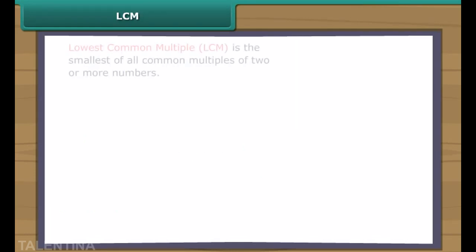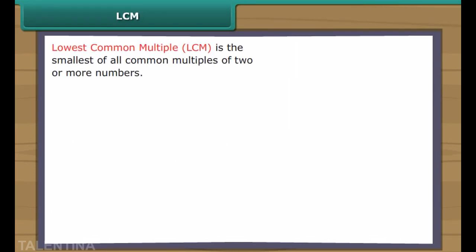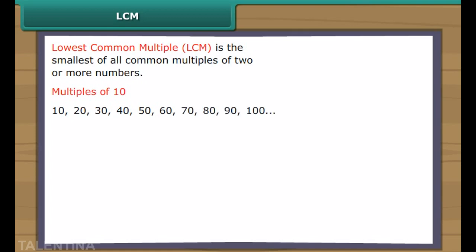LCM. Lowest common multiple or LCM is the smallest of all common multiples of 2 or more numbers. Let us identify the LCM of 10, 20 and 25. Multiples of 10 are 10, 20, 30, 40, 50, 60, 70, 80, 90, 100 and so on.